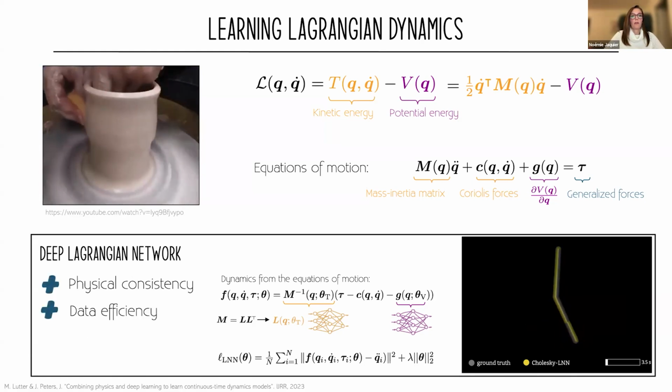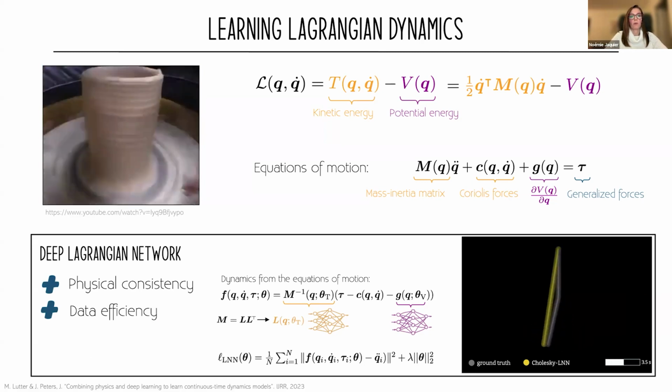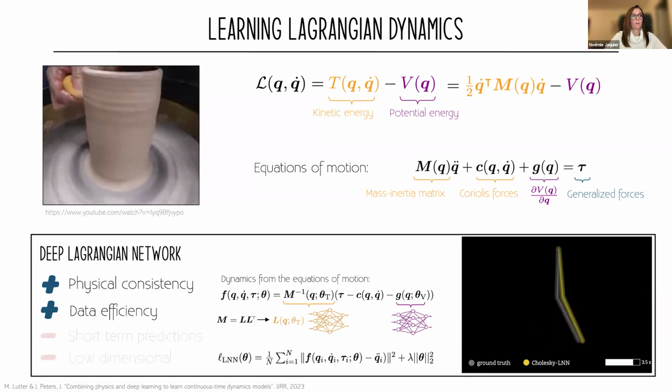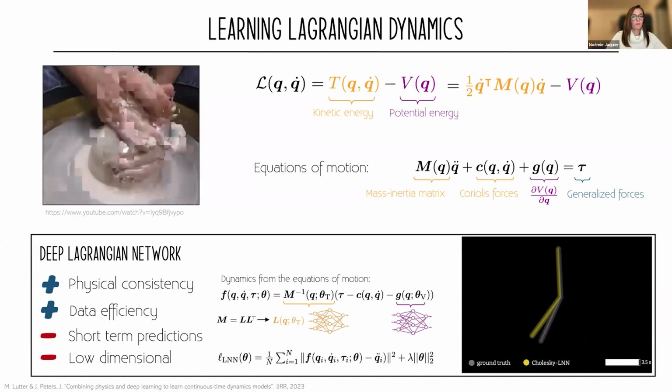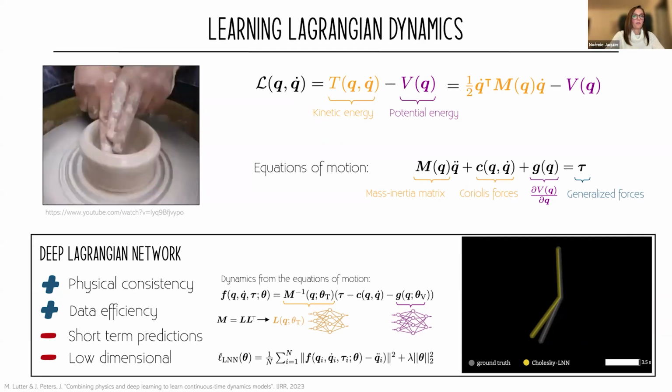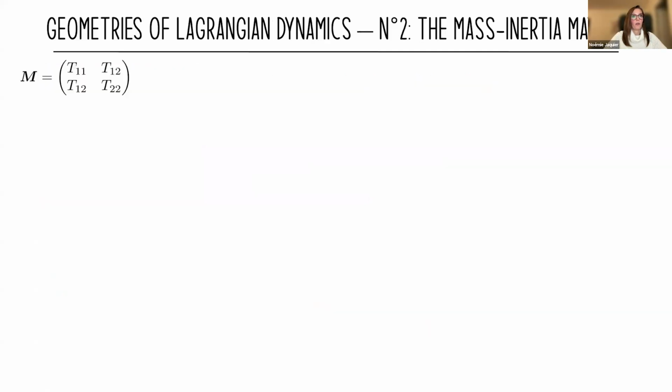But when we start being further away in time, the long-term predictions are getting worse and worse. So this network is cool because it gives us physical consistency and it's data efficient, but it allows us only to predict things short-term. And it's also very limited when we want to go for higher dimensional systems.